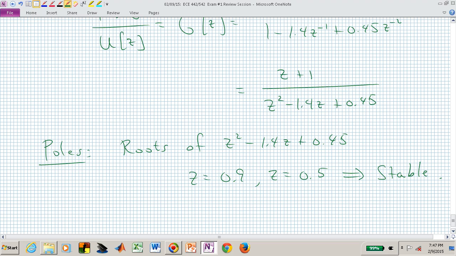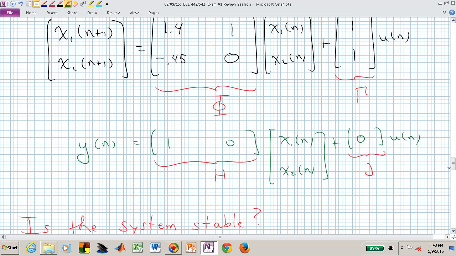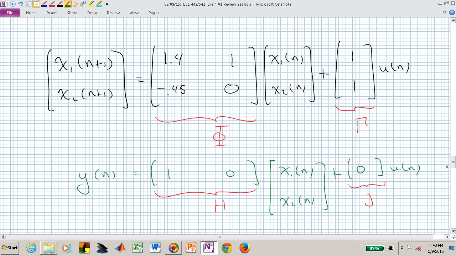I promised we would get to going from a state space representation to a transfer function. We just derived the transfer function from the difference equation. We have a way of checking our answer now.